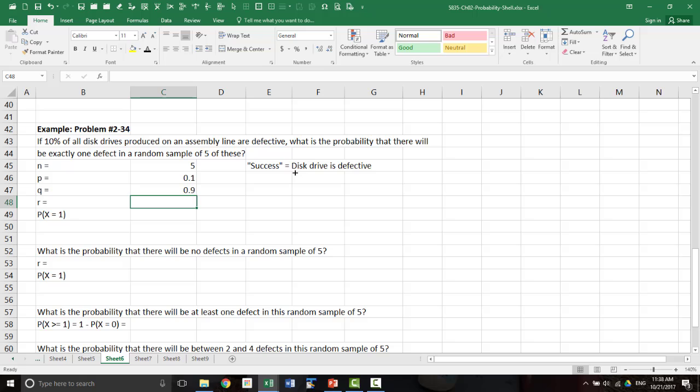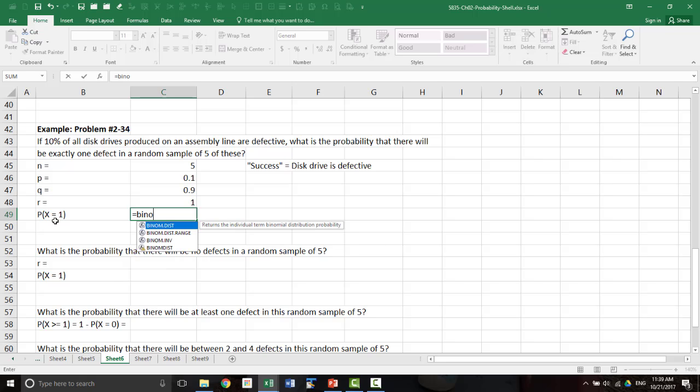And the probability that we want is that exactly 1 of the 5 will be defective. So R is 1, so the probability of x equal to R, or x equal to 1. So we will use the binomial distribution, BINOM.DIST. There is another binomial distribution function at the bottom with a yellow warning sign.